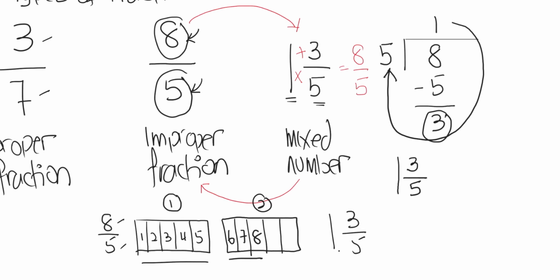If you look at this, the integer 1 is represented by cake number 1. Although I got 5 parts, those 5 parts make up the whole cake. So that means I get one whole cake. And the proper fraction part says I get 3 parts from a cake that has been divided into 5 parts. So I get one whole cake and 3 parts of another cake that has been divided by 5. Make sense?